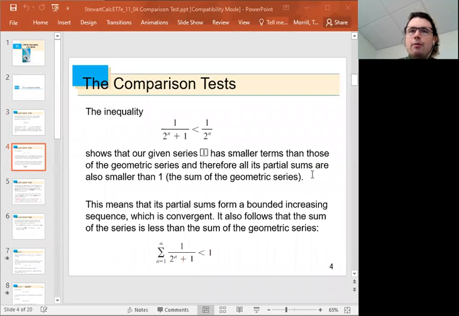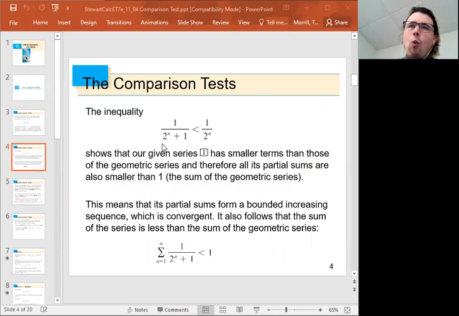So what we can do is we can say that all of the fractions 1 divided by 2 to the power n plus 1, all those fractions are going to be less than the corresponding fraction from the other series, 1 divided by 2 to the n.